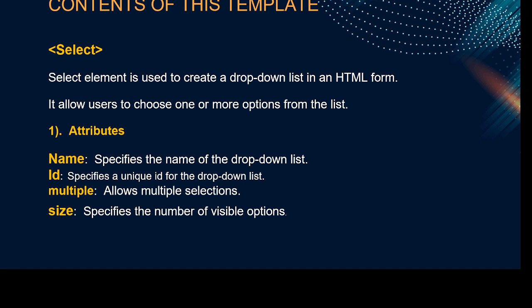For example, when you go to an application website, like passport identification, you may need to choose multiple options. Another is size. The size shows the number of visible options in the select, meaning how many options you want to show here.